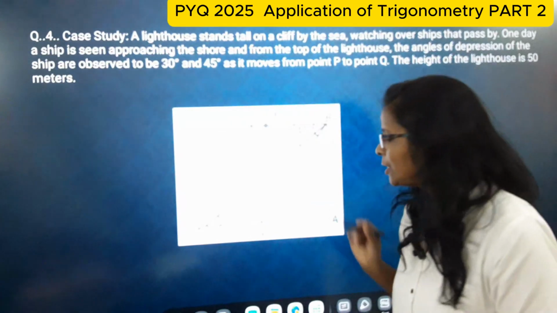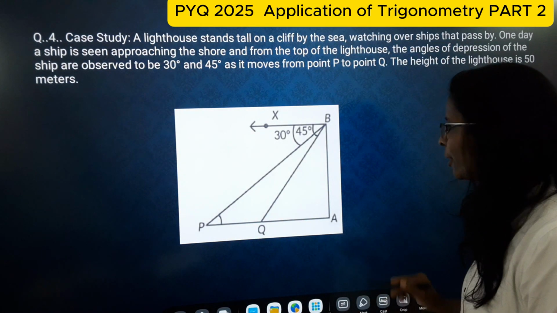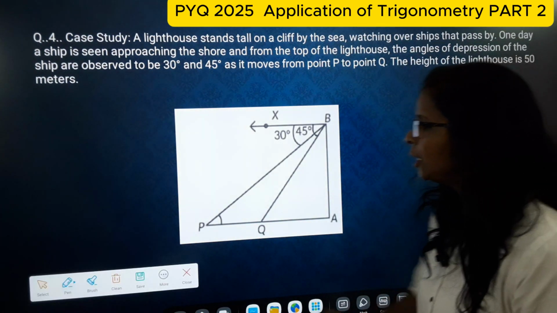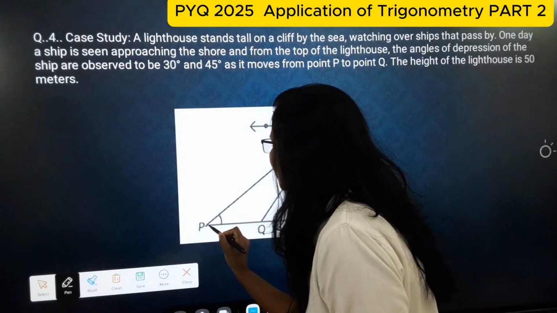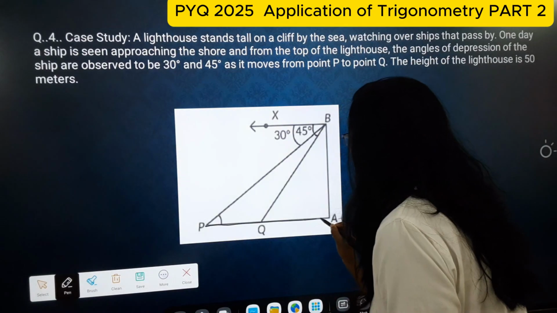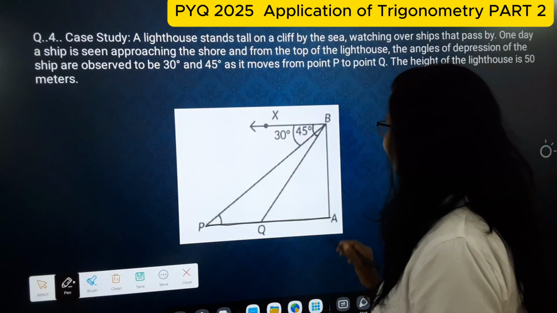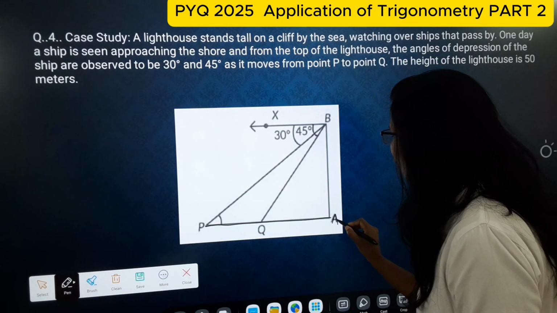So here, students, if you observe this figure carefully, suppose this is the horizontal line, and this is the base of the lighthouse.